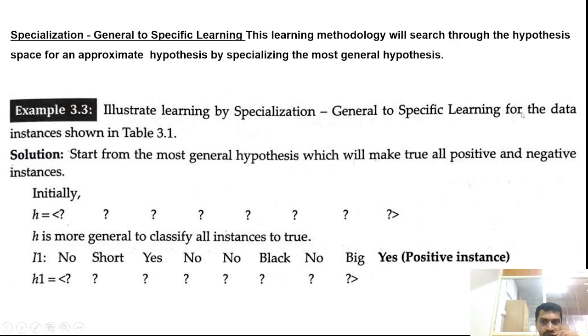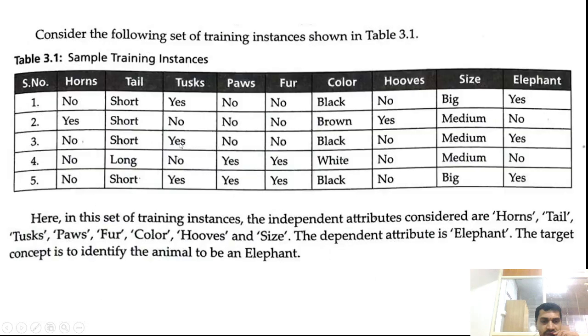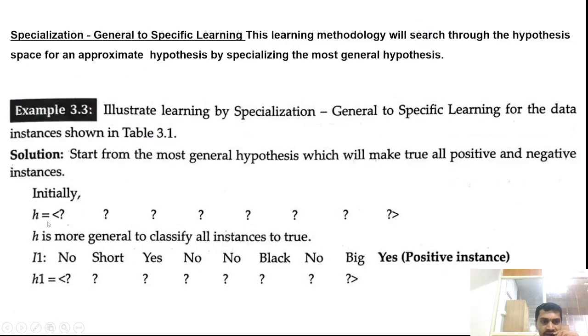So in general to specific learning, the data instance is shown. We will see that. In the previous example I initialized with the phi, and now I have initialized with the question marks, right?